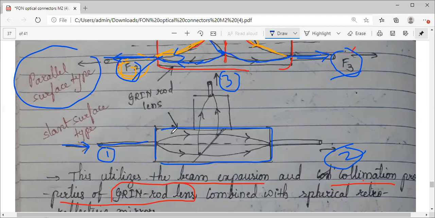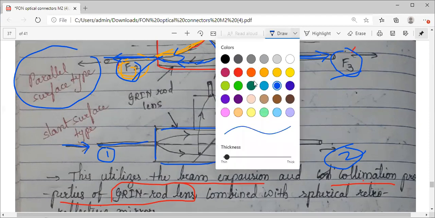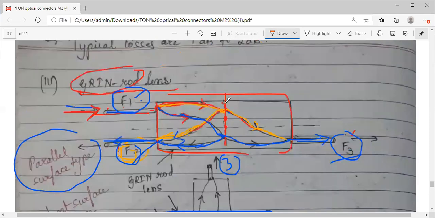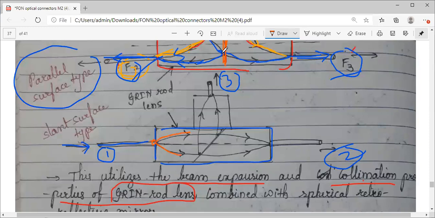When the light enters this lens, the beam expansion takes place, and earlier you had a mirror here. So at that point, reflection was occurring. But here the mirror is kept at a slant position. It is not vertical.